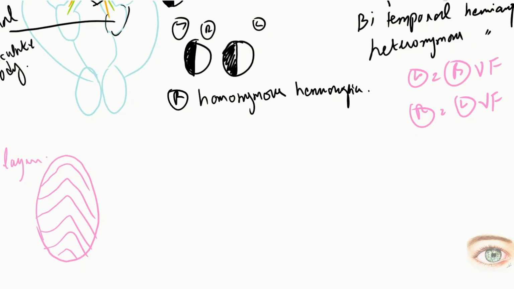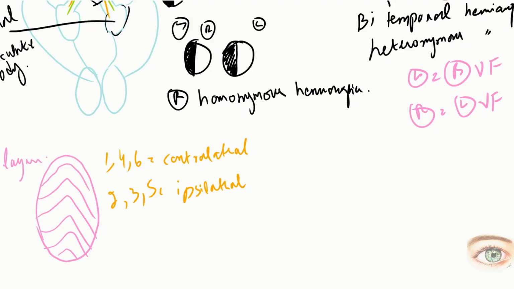The layers 1, 4, and 6 are from the contralateral eye, which means they carry nasal fibers, and 2, 3, 5 are ipsilateral. Ipsilateral means from the same side, and contralateral means from the opposite side. So from the opposite side are coming the nasal fibers, and the ipsilateral side carries the temporal fibers, right?